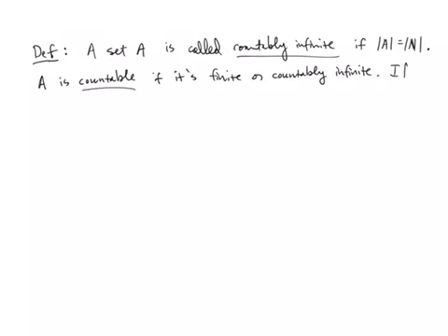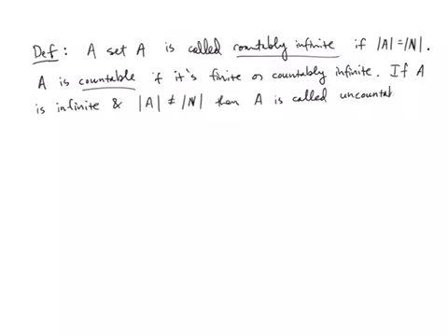So if A is infinite and the cardinality of A is not equal to the cardinality of the natural numbers, then A is called uncountable. Okay, so we just showed that the real numbers are an uncountable set. So R is uncountable.